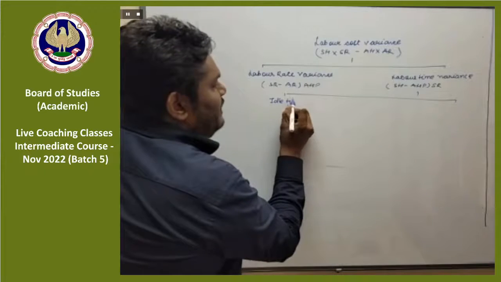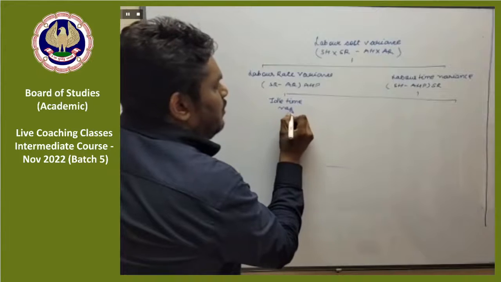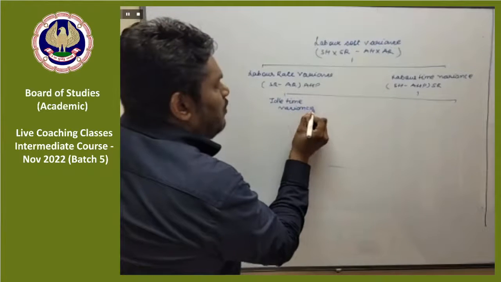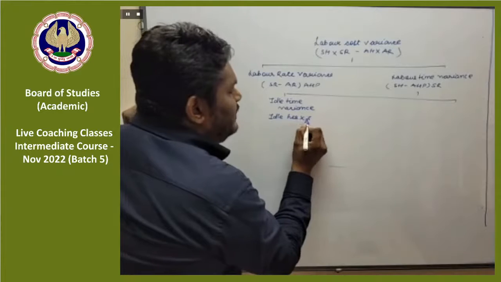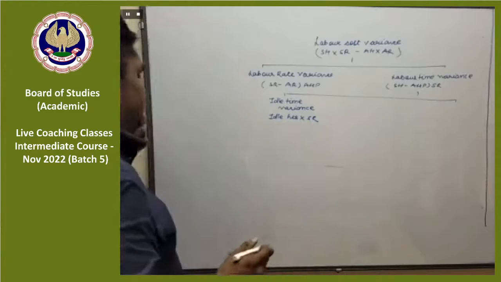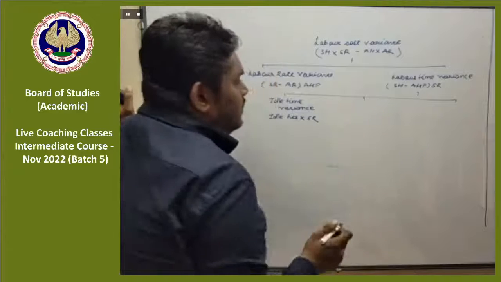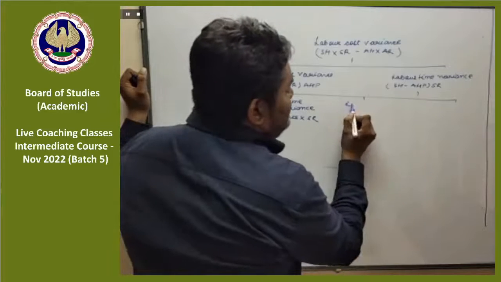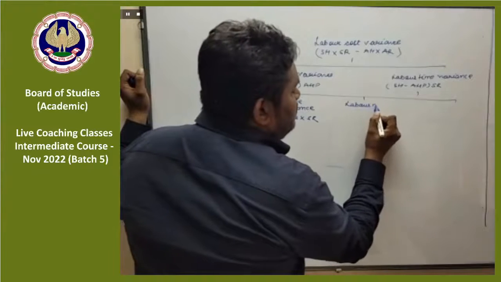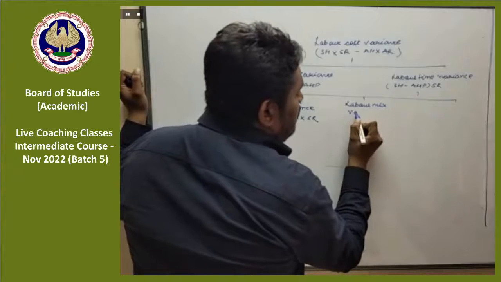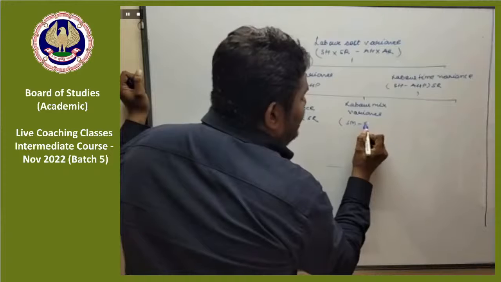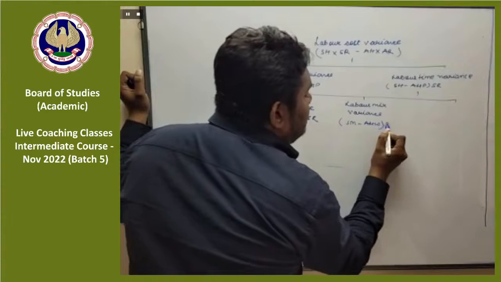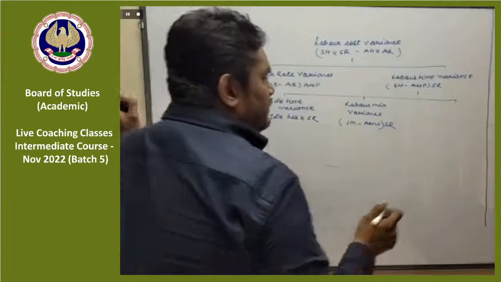Idle time variance is idle hours into standard rate. Next is labor mix variance: standard mix minus actual hours worked into standard rate.